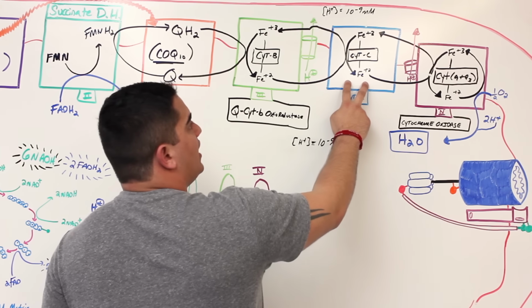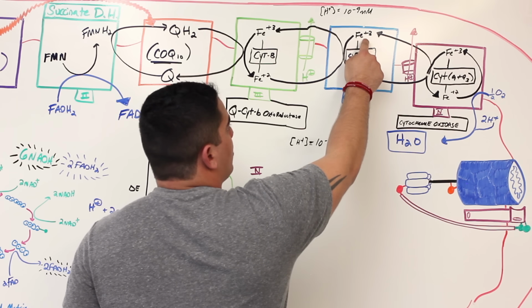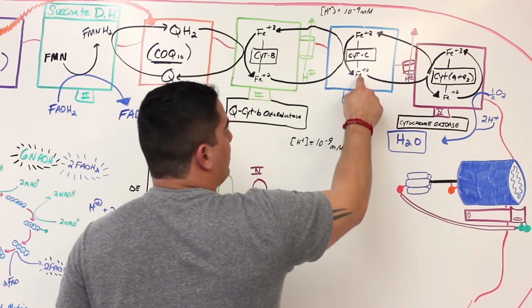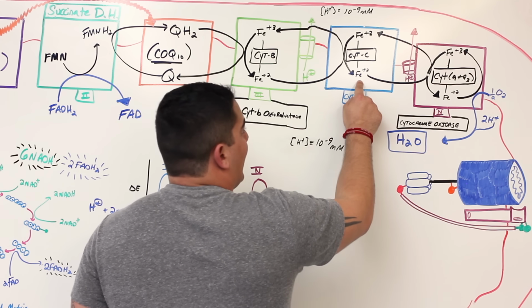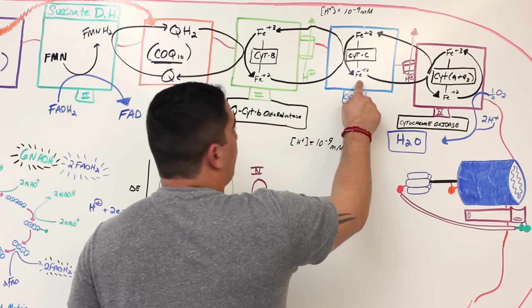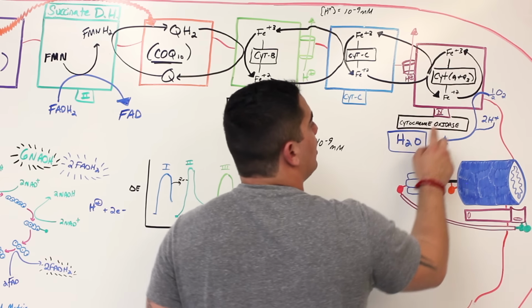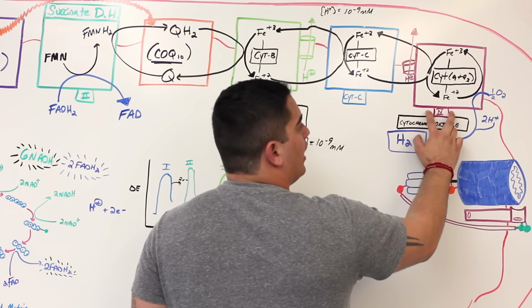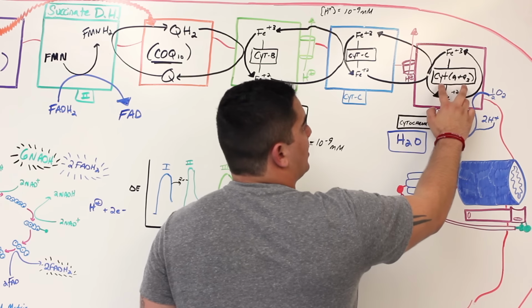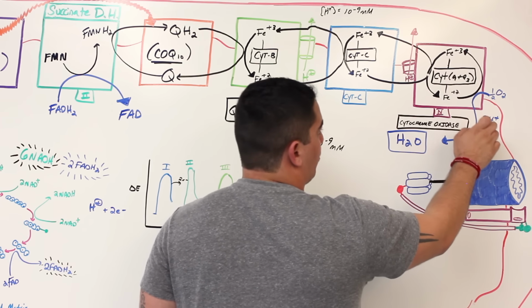Then the cytochrome C is going to do what? When it accepts those electrons, it goes from the +3 iron state to the +2 iron state. And then again, it goes to high energy, doesn't want it, and passes electrons onto cytochrome oxidase, or enzyme complex 4, which consists of cytochrome A plus A3.